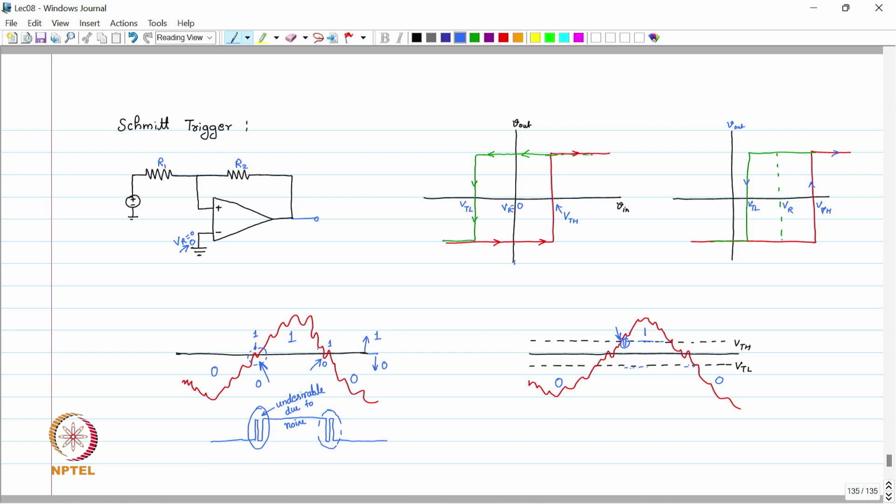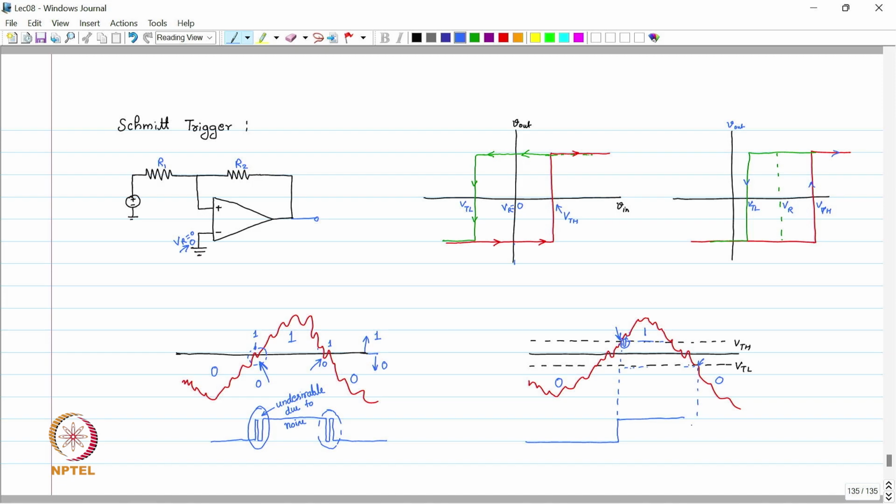This 0 is detected up to here till the signal crosses VTH, and here this will become 1, and then 0 will be detected when the signal goes below VTL.